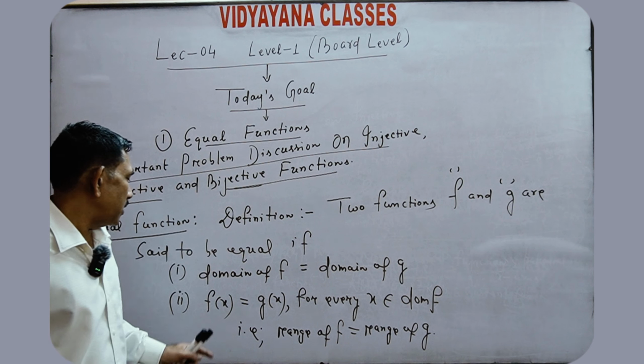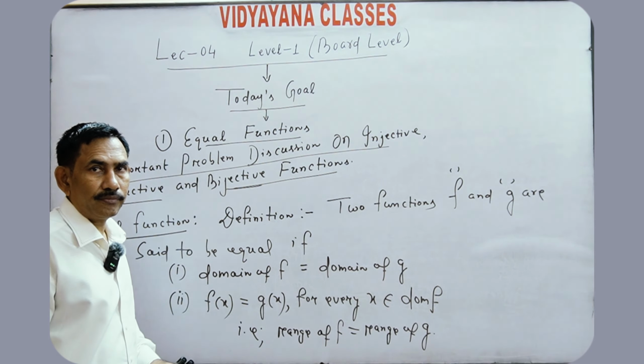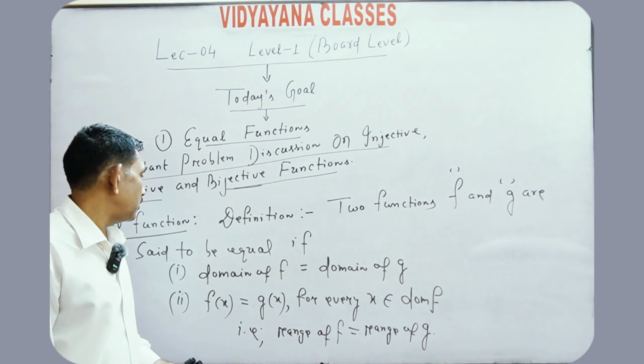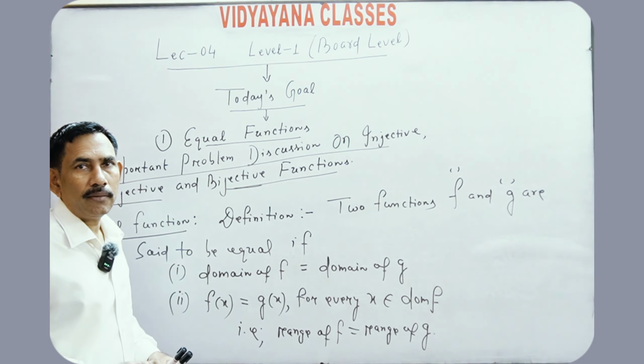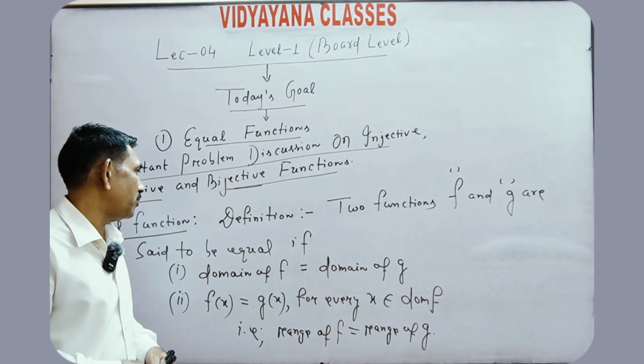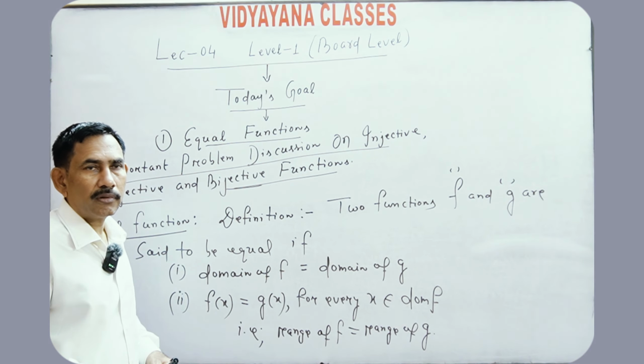That means range of f is equal to range of g. Clear? Two functions are equal if they have same domain and same range. Okay, note down.